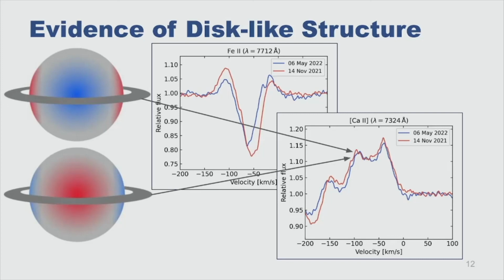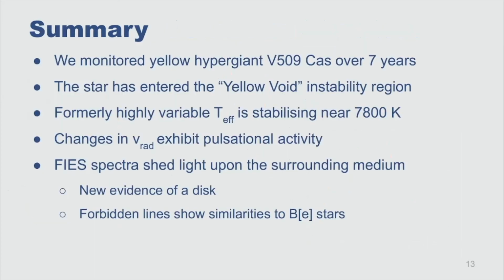And these ionized calcium, forbidden calcium lines, are often found in B bracket E stars. And in B bracket E stars, it is thought that they are formed in the disks that surround the star. So that would make an interesting connection between the yellow hypergiants and B bracket E stars.